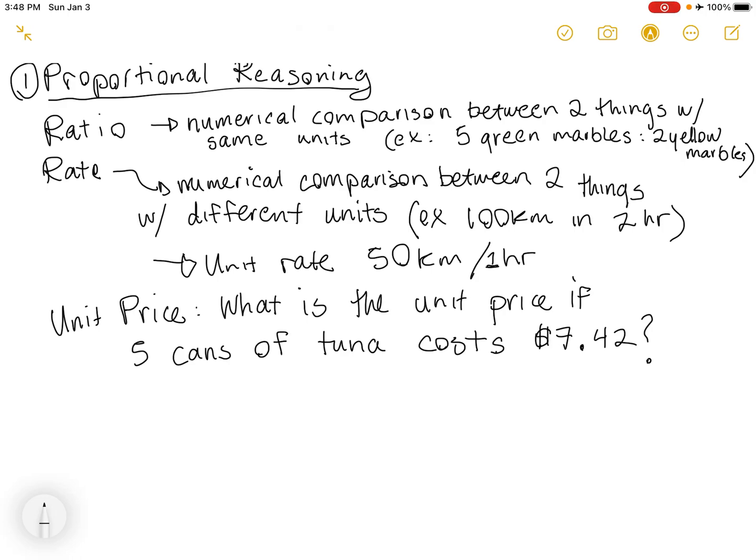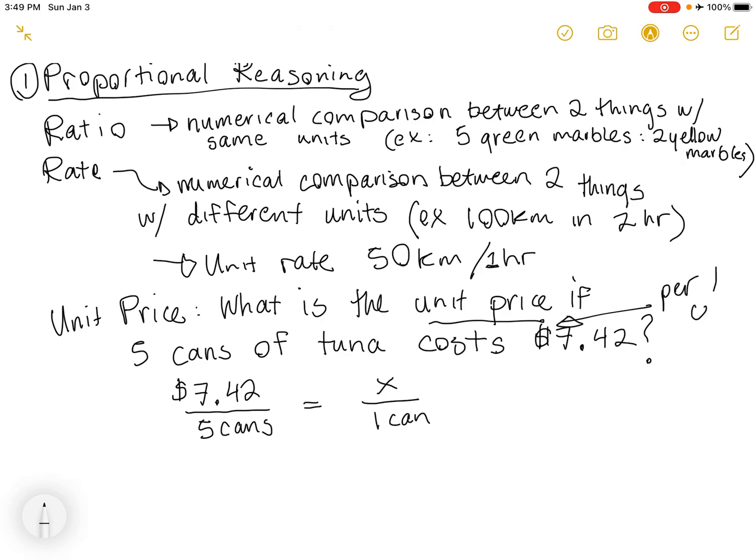Okay, so what do we know? We know that we've got $7.42 per 5 cans. And we want to know how many dollars per 1 can, because for the unit rate, the second unit must be 1, right? Unit price means per 1 can.